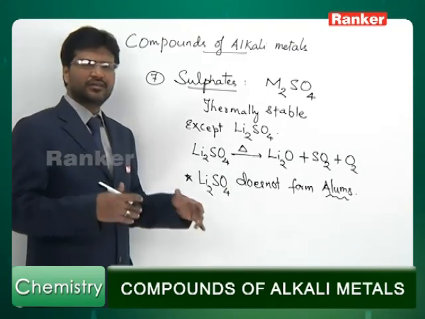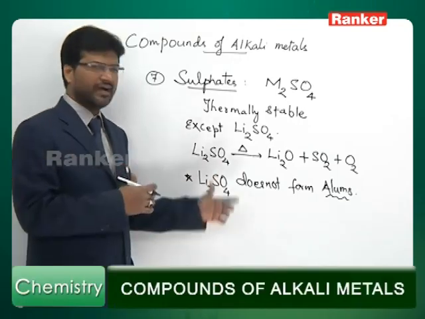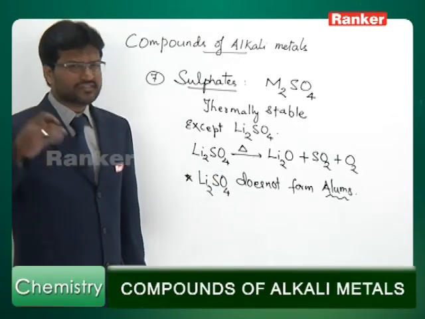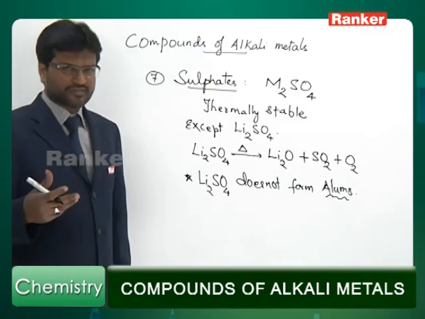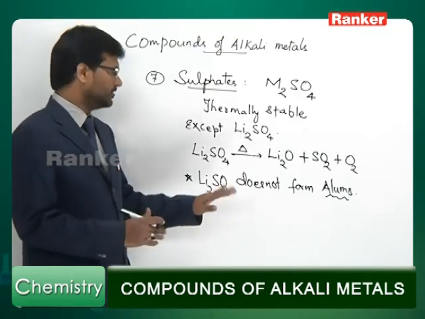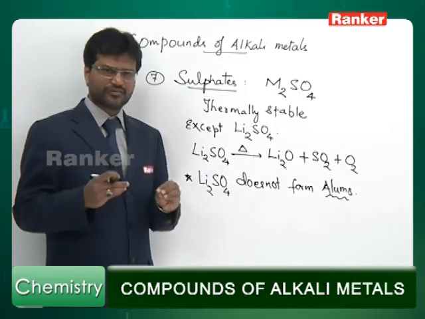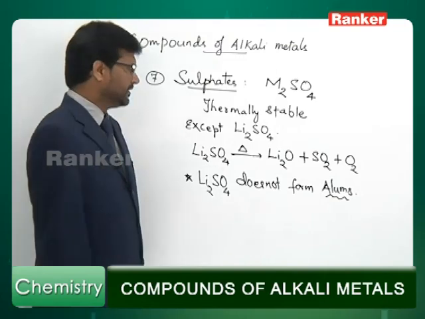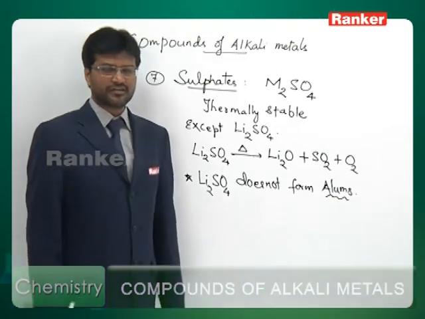The reason is the size of lithium is too small to form an alum. What is alum? Why lithium does not form alum? Clarity will be given under third group, that is boron family, not now. Just keep in mind that lithium sulfate does not form a particular class of compounds called alums. Alums are double sulfates, and detail about alums will be discussed under boron family.